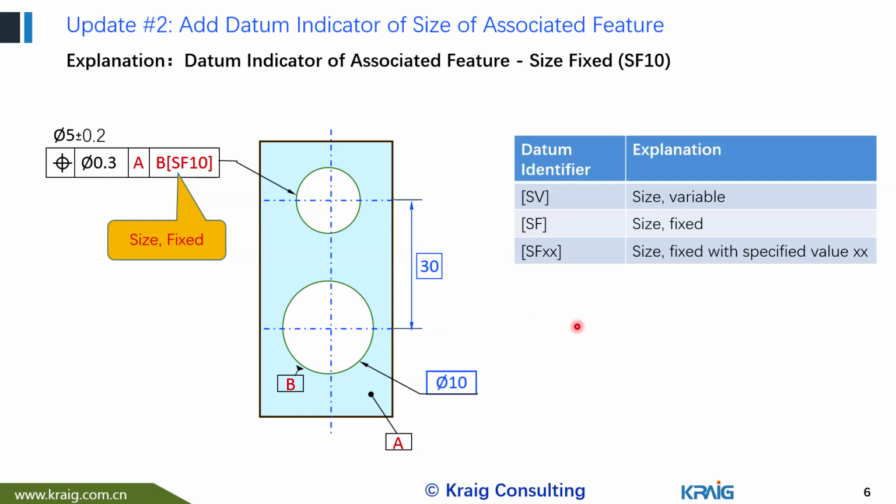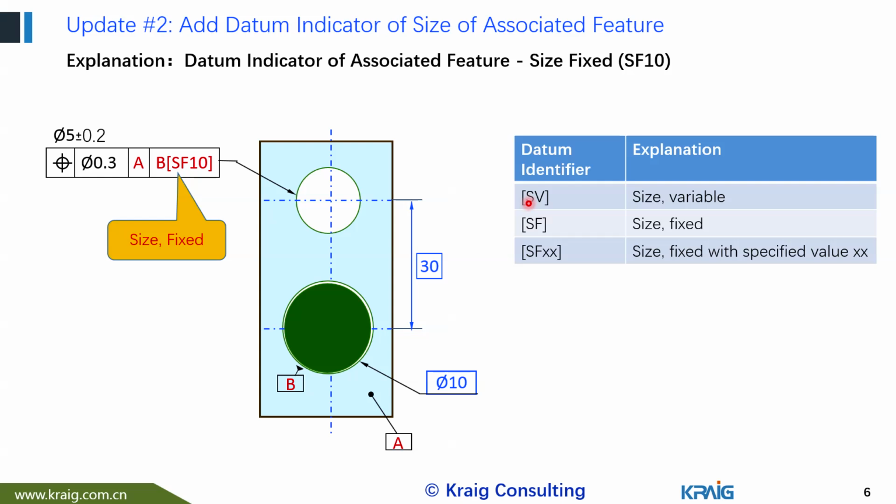Usually this fixed-size associated datum is very helpful to locate the part, especially when you make the gauge. When you make the gauge, all you need to do is make a fixed pin to locate the part.